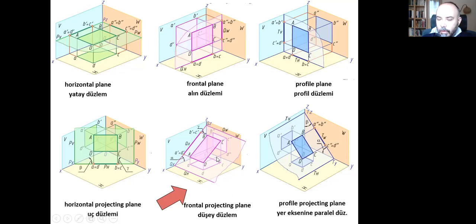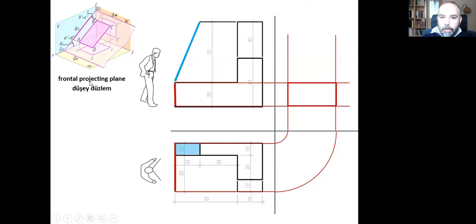When we look at this object from this standpoint, we will notice its front edge is projected as a line to the vertical projection plane. And in the top view, we notice it as a rectangle. However, because of this inclined position, it appears a little bit smaller. So this is probably a frontal projecting plane.